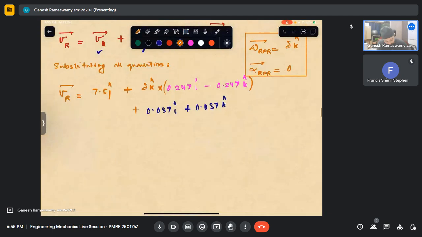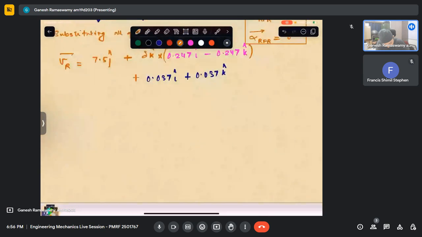Similarly, acceleration of R will be, first let me get the parent equation, this one.